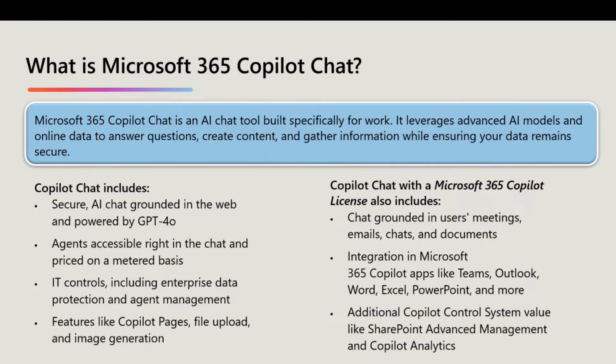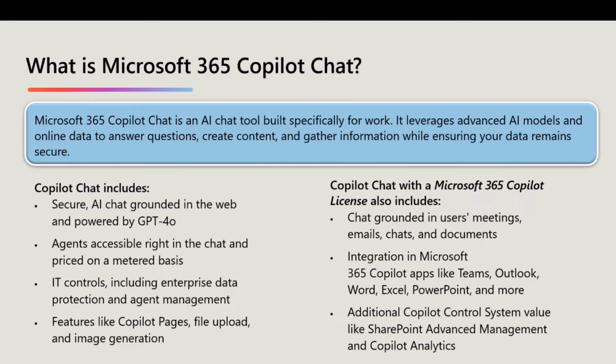The licensed version will integrate with your data. Here, when we talk about the 365 Copilot Chat, the free version doesn't target your data, your emails, your documents, or your presentations. It uses the data from the web, works on it, and gives you responses based on that.